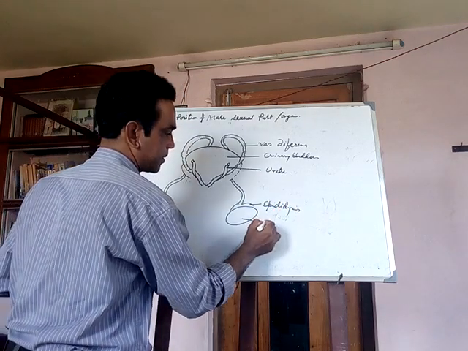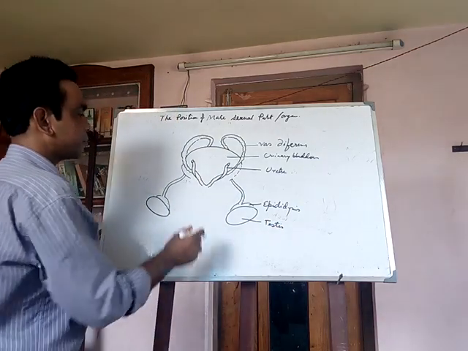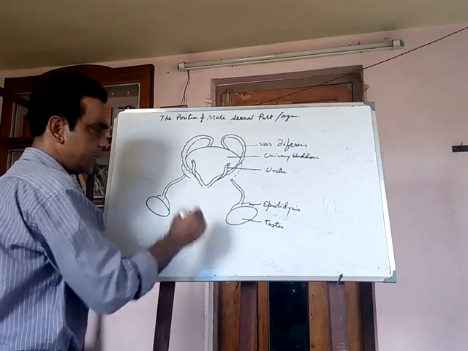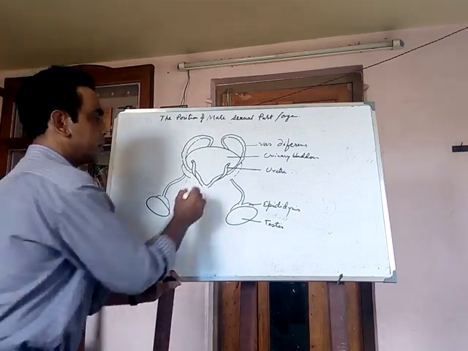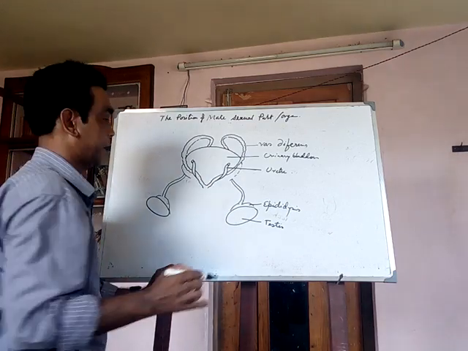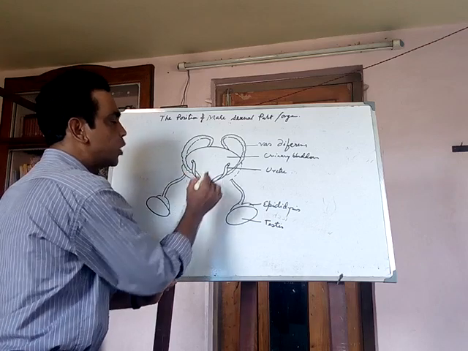And testis. So, what is the ending part? It forms the starting point of the root of the penis. Here, the urinary bladder, and it is the ureter.